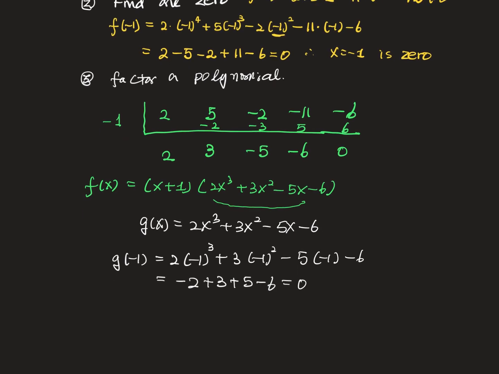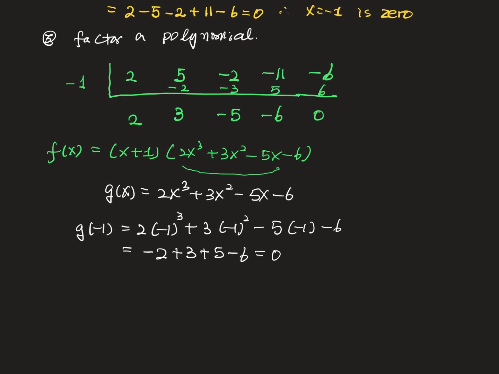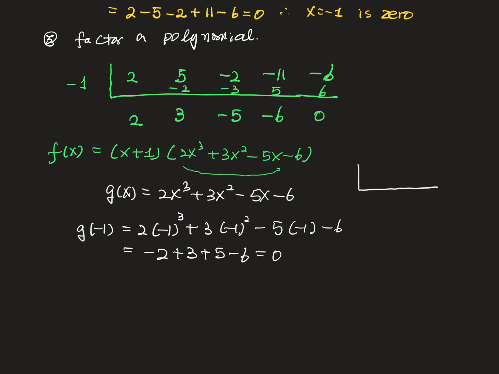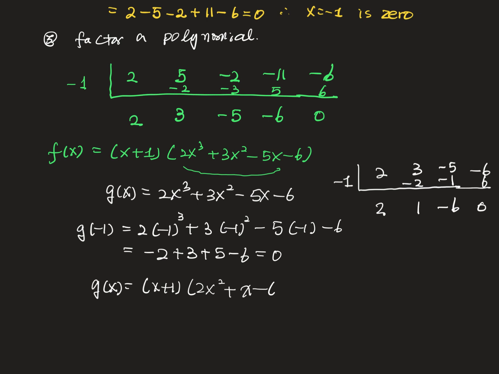So let's do the synthetic division one more time, guys. So 2, 3, negative 5, negative 6. Negative 1 is the zero: 2, negative 2, 1, negative 1, negative 6, and 6, and 0. Okay, so the g of x factor is going to be x plus 1 and 2x squared plus x minus 6.